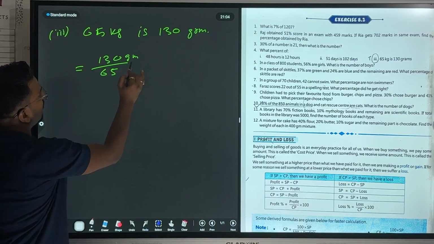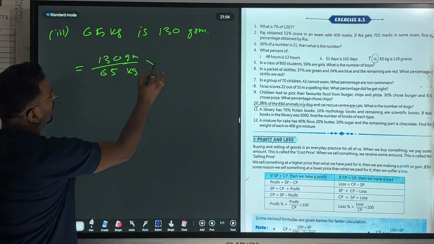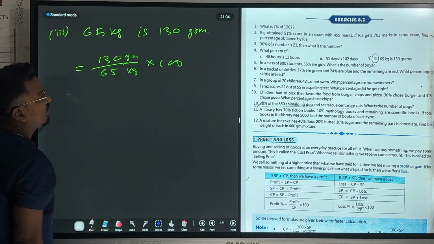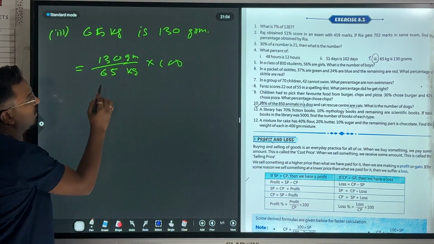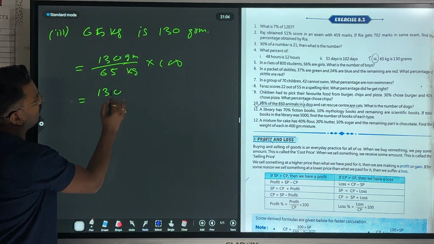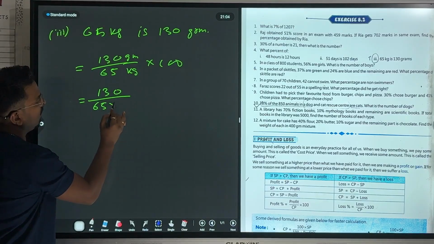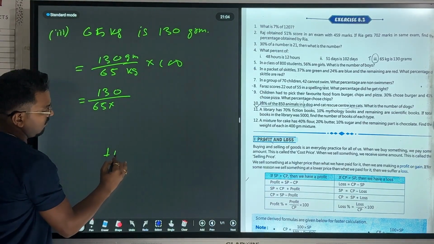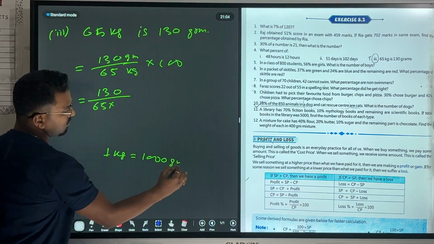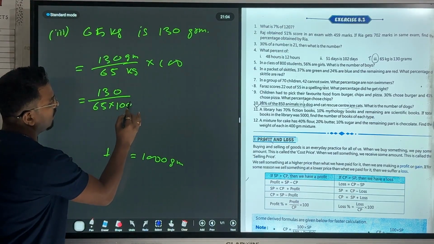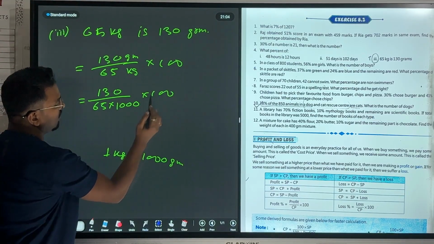This is in gram and this is in kg, into 100. First we have to convert this kilogram into gram. So it can be written as 65 into, in 1 kilogram it is how many gram? 1000 gram. So we have to multiply by 1000 into 100.